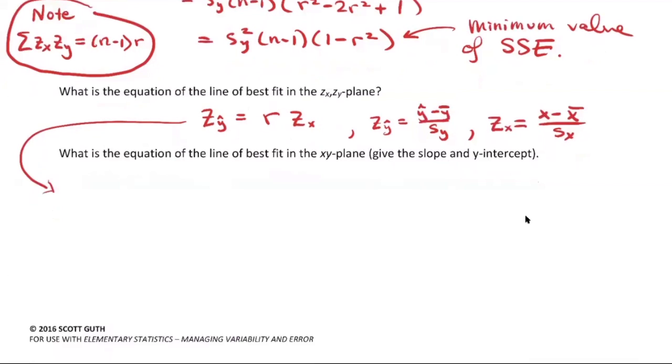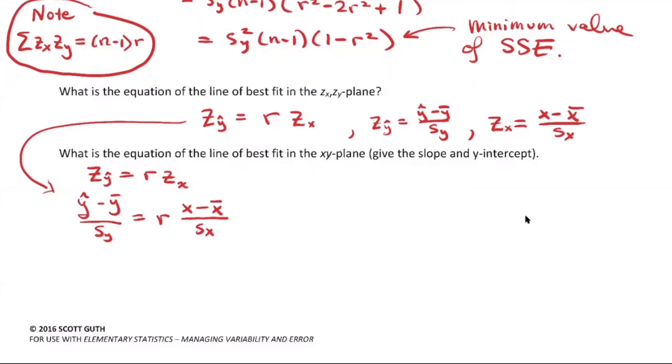And then, if you take this zy equals r zx, you're going to get an equation of the line in the xy plane. Okay, so zy hat is y hat minus y bar over sy, equals r times the z-score of x, which is x minus x bar over sx.